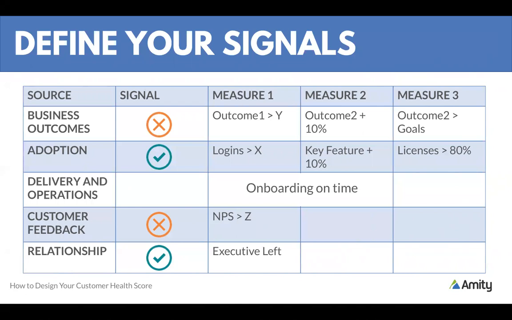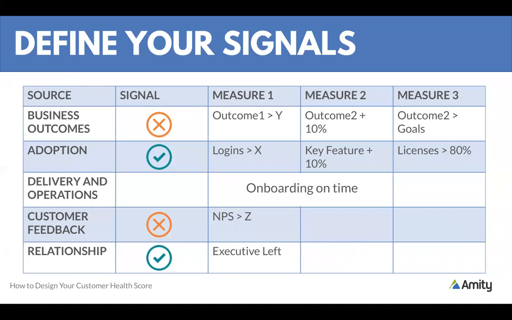So the actual signal will come in something that's operationalizable in your business, but it may be made up of multiple different measures. And one of the mistakes that's really easy to make is to drive your health scores from one particular measure. And business outcomes are like that, they work that way.